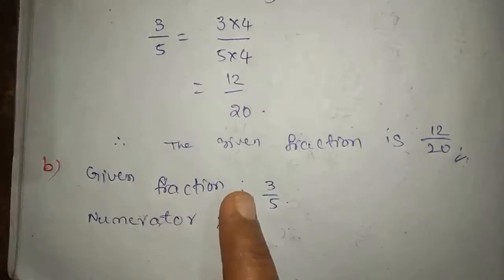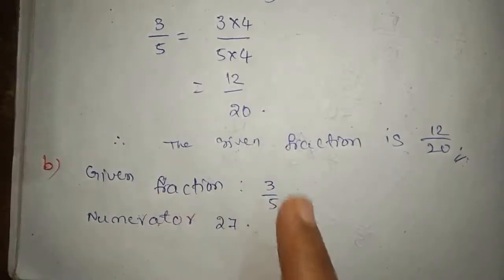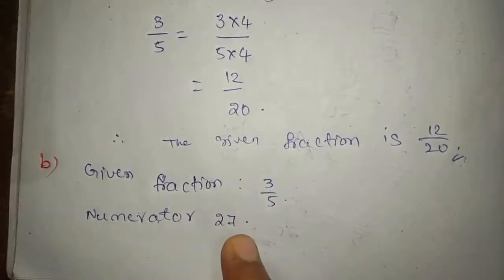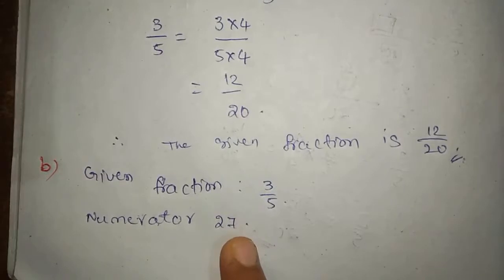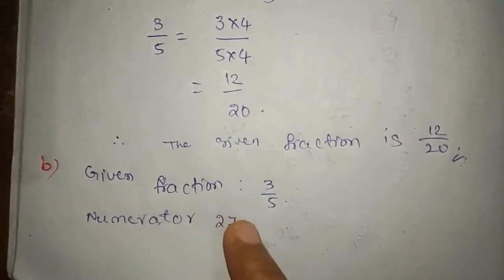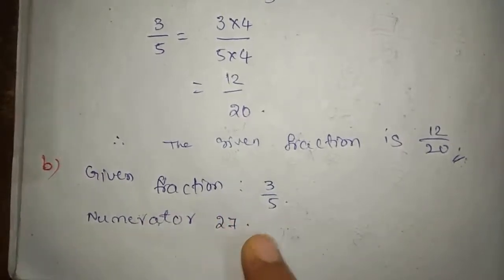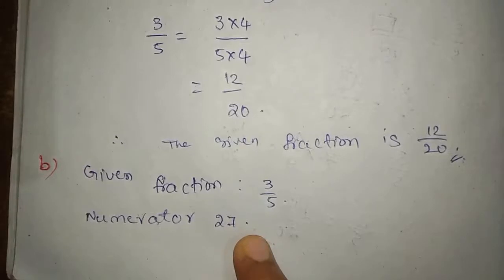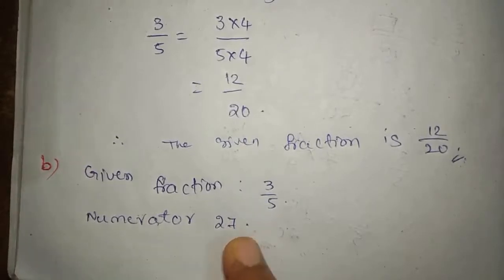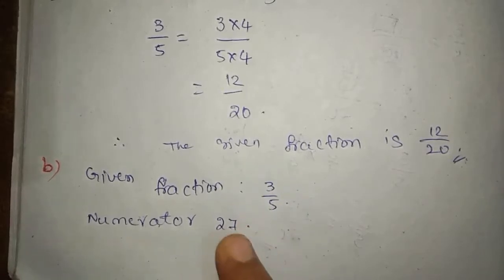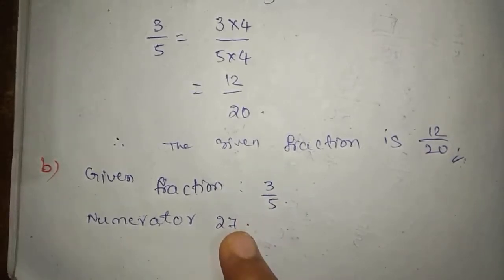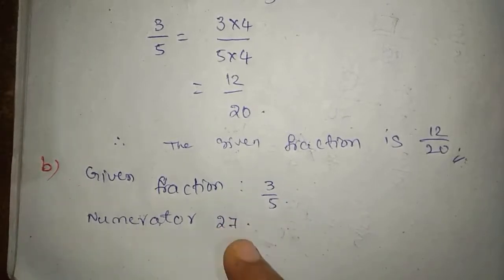Next one. First we have the given fraction 3 by 5 and the numerator is also given, that is 27. Now we have to find the denominator. Now here the numerator is 27, given. Now we have to check 3 how many times gives 27. That is 9. 3 nines are 27.